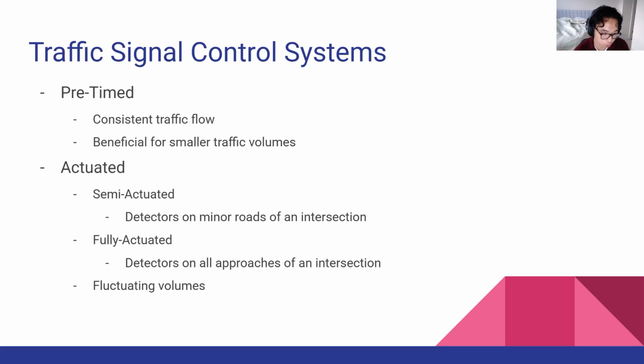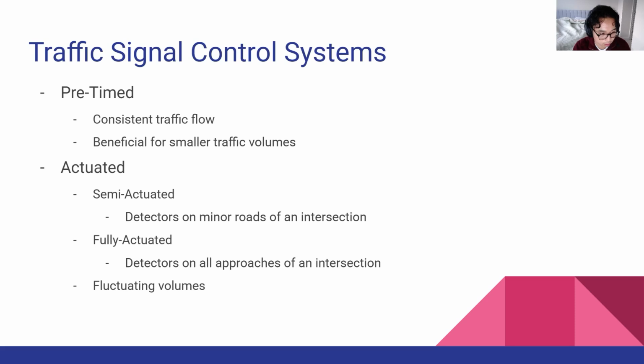And this is different from fully actuated because in this case, even the main lines now have vehicle detectors. And this is different from pre-timed because in pre-timed, you could have no vehicles on side streets or the minor roads, but they still get green time just because it's fixed, right?